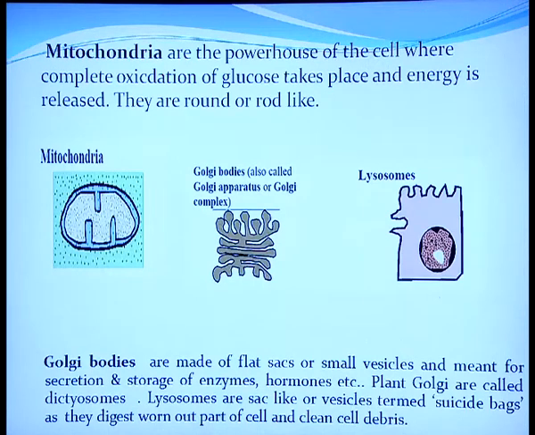It means that it is responsible for oxidation of the food material to provide energy. Let me tell you, there are many steps, and the last step in respiration as well as energy production in the living body is at the level of the mitochondria, which are found in the cells.